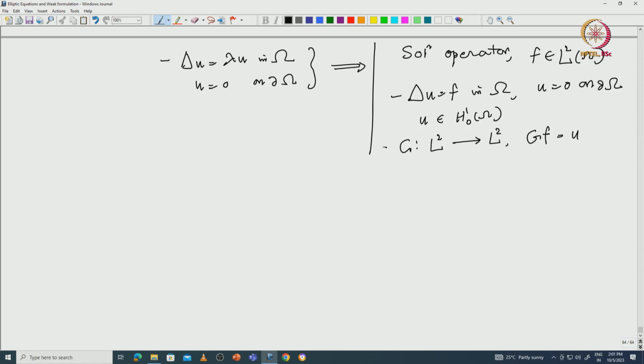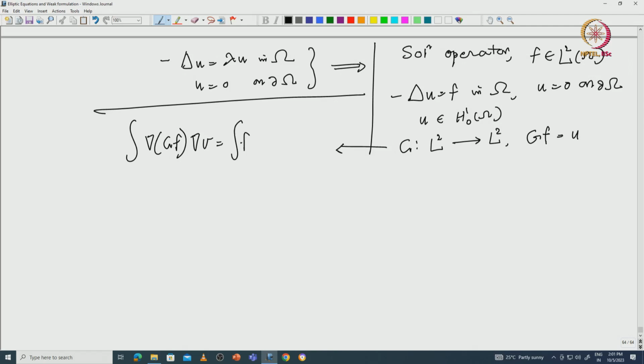Basically this gives you integral of grad Gf grad v equal to integral of f v for all v in H1 naught of omega. This we call 1, and this we call 2.